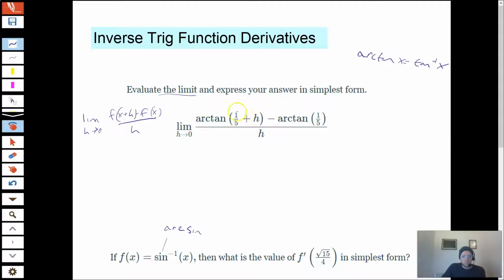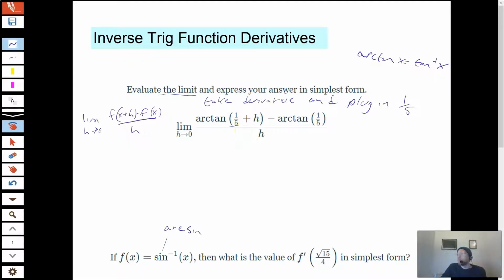A way I could rewrite this question, and this is a great thing to know for the AP exam, is: take the derivative and plug in 1/5. This 1/5 is where I'm taking the derivative.